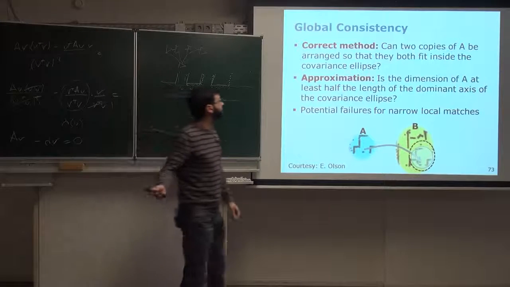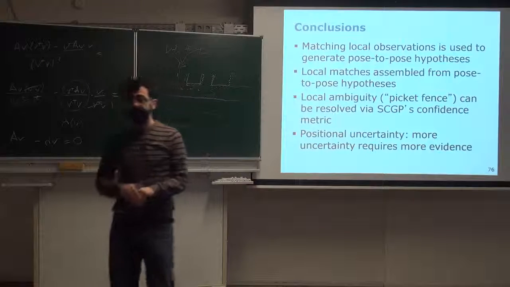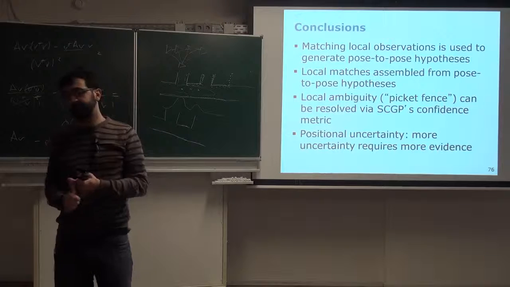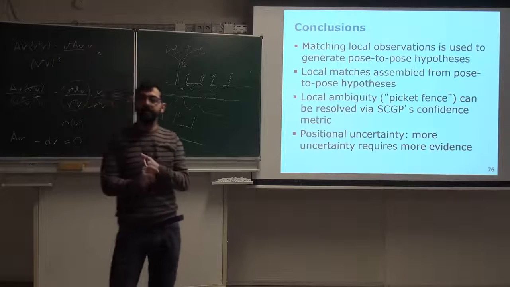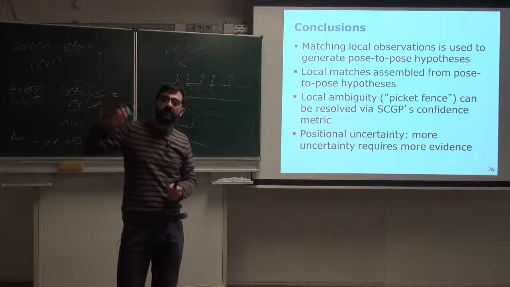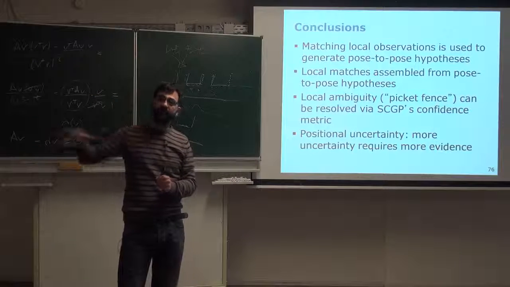So this is it for the front end part. So what we've seen today is how to match data within each other, how to select which are potential candidates to be matched from a previous solution of a graph-based SLAM.